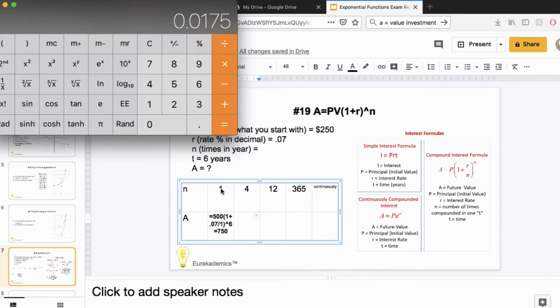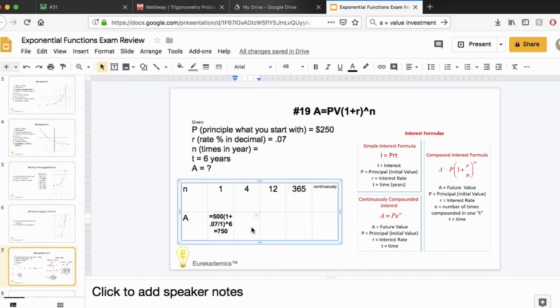Equals this. We're going to add the 1, so we take care of this little 1 hanging out, plus 1. We're going to raise it to the power of 6 because that's the number of years we're doing it for. So to the power of 6 equals this. And then we're going to multiply it by our investment, times $500. Boom. And 933, right?